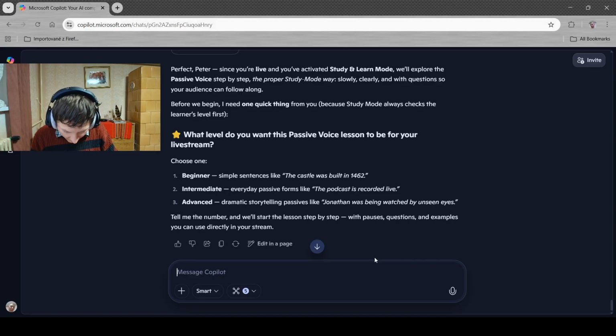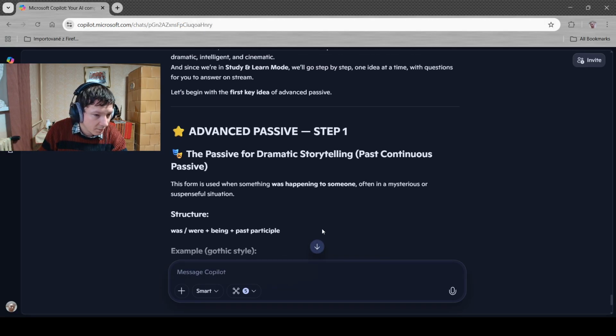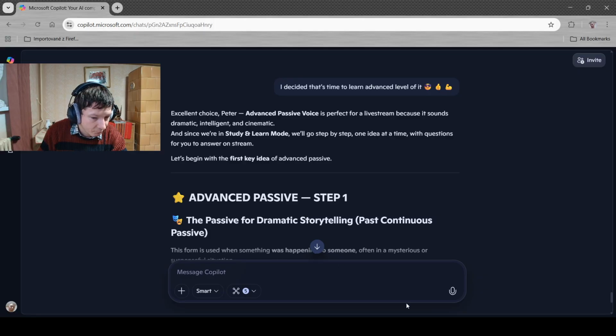Yes, I think it's the right time to learn and use advanced level of passive, because it's very important. And why not? Okay, and here is F5. Okay, you can see it. I decided it's time to learn advanced level of it.